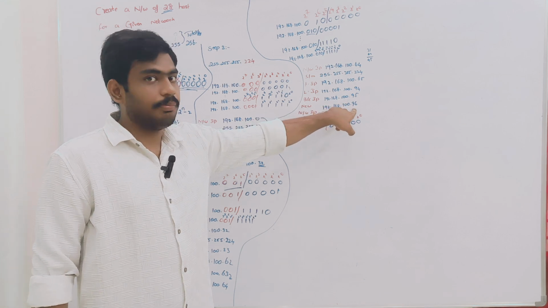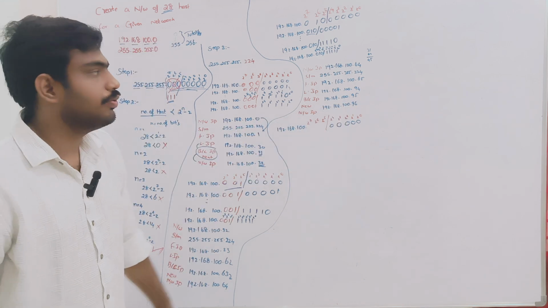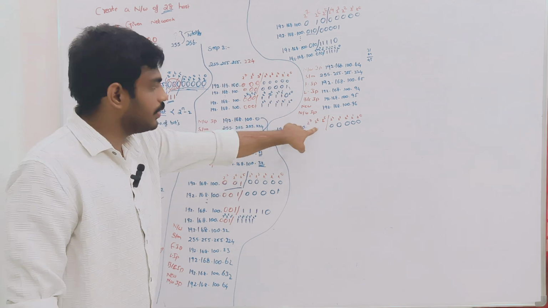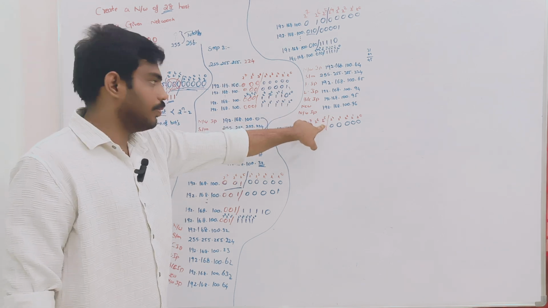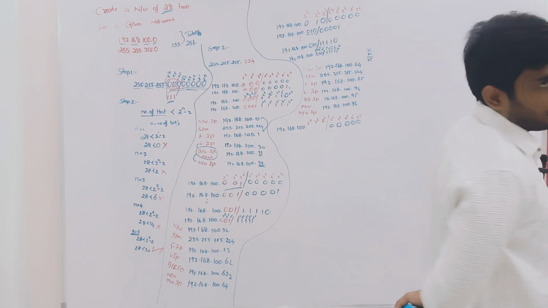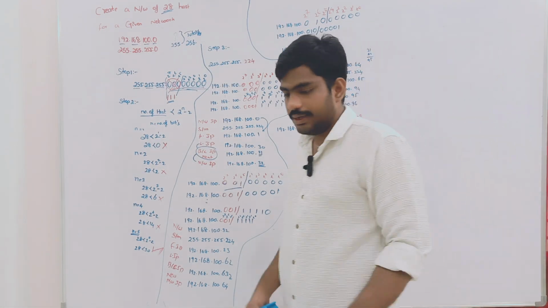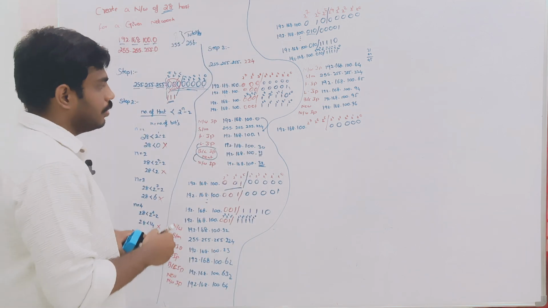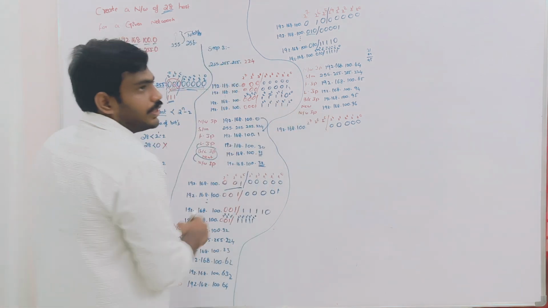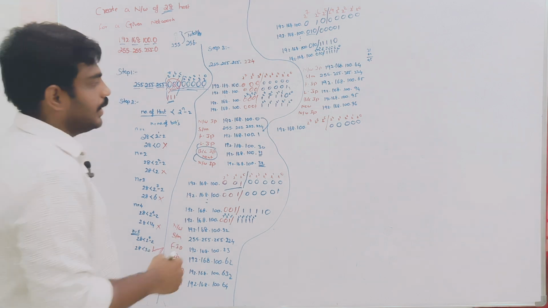Now we have to find the network IP in the network bits. How do we get it? So 2 power 7 is 128, 2 power 6 is 64, 2 power 5 is 32. How do we get 96? If you add 64 plus 32, you will get 96.